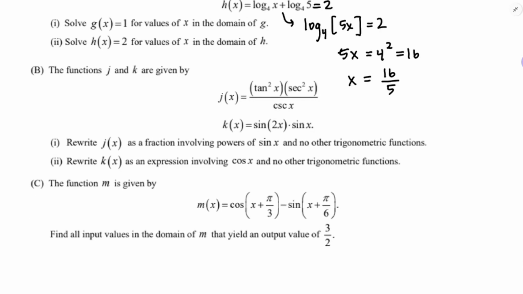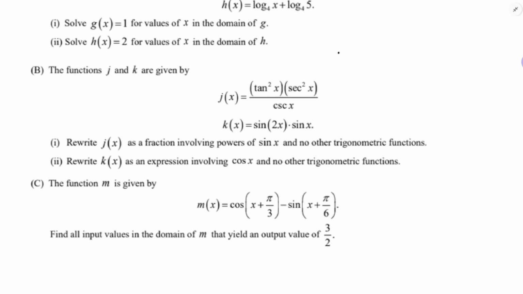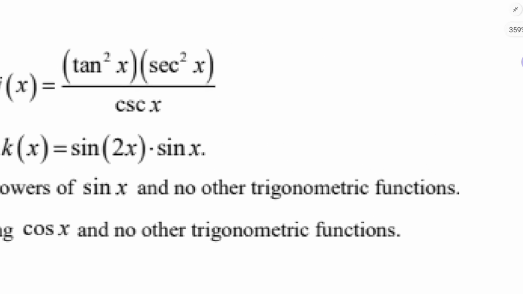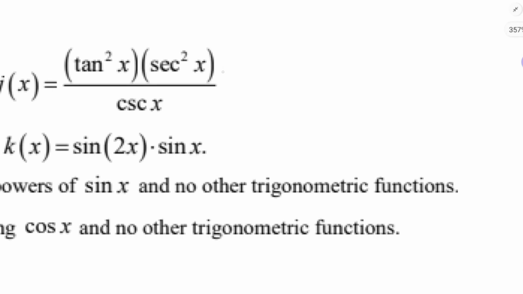Right, in part B, we have functions j and k given over here. Rewrite j as a fraction involving powers of sine x and no other trig functions. Well, if that's the case, then we're going to want to turn everything into sine and cosine.